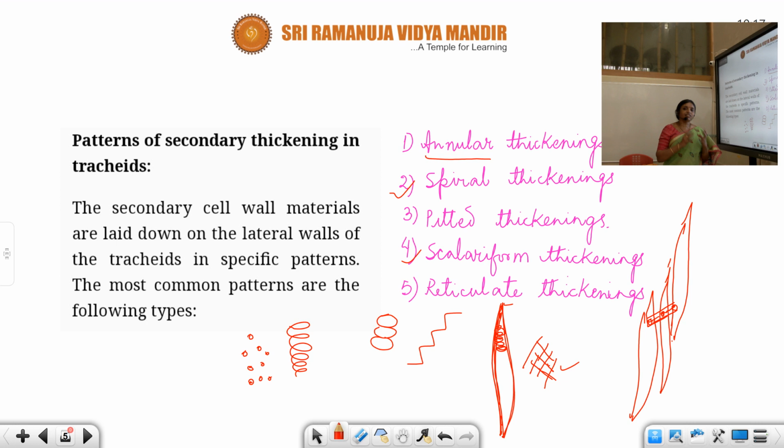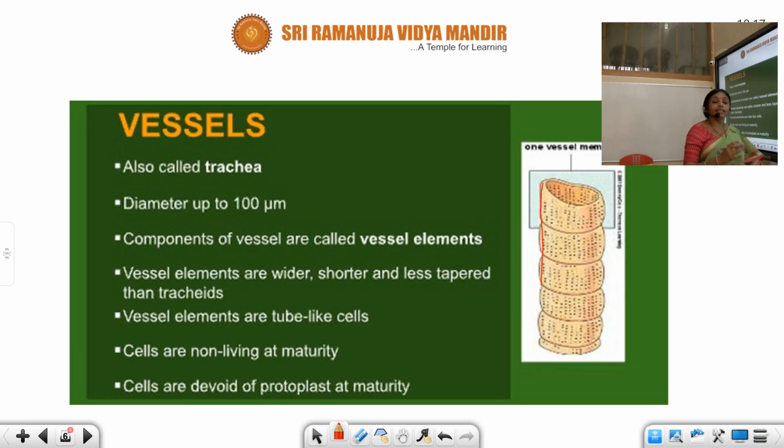So in the angiosperm, we find a broader, tube-like structure, called a vessel. Vessels are tube-like, known as column-like structures. You can observe here it is more efficient in supplying water than the tracheids.